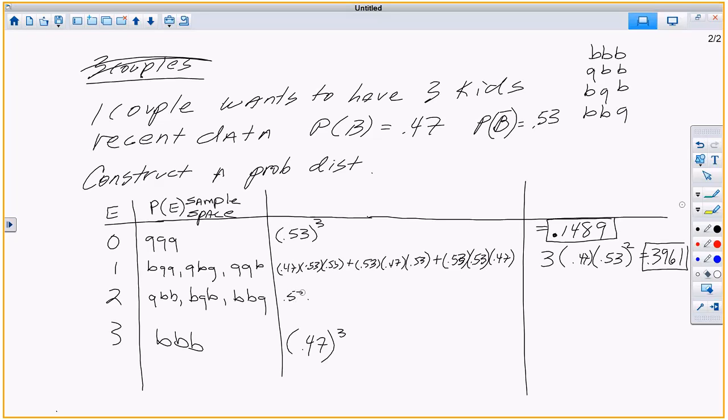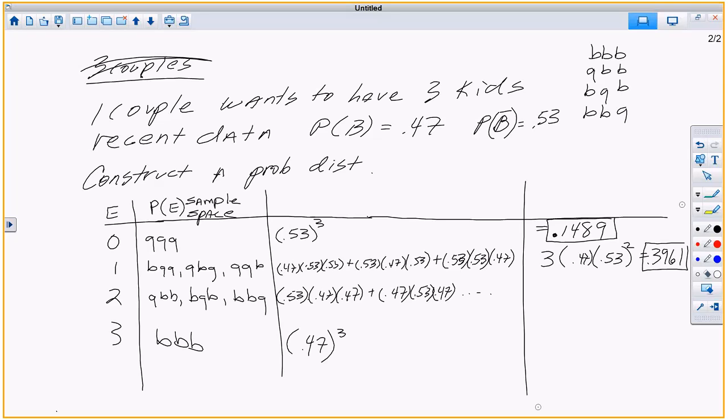0.53 times 0.47 times 0.47 plus 0.47 times 0.53 times 0.47. And I'm just going to put 3 dots because y'all know what I'm talking about. Okay? So what does this come up to be?